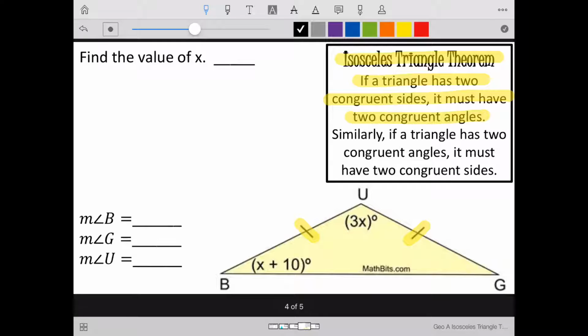So let's figure out which angles need to be congruent. Well, those are the ones opposite the congruent sides. So angle B and angle G need to be congruent. So because angle B is x plus 10, angle G must also be x plus 10.